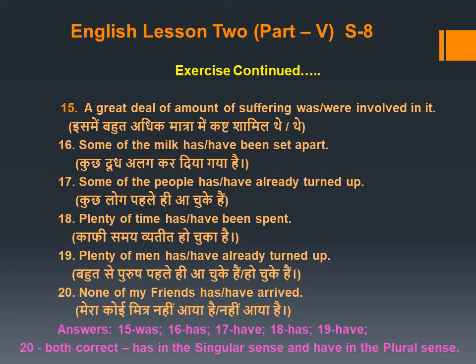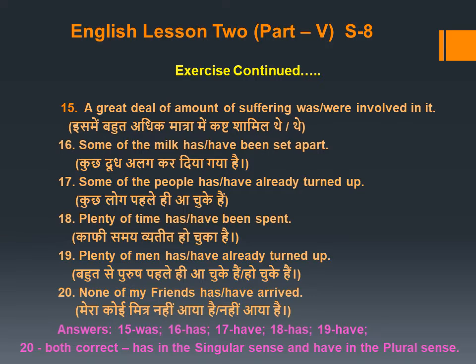So friends, in slide 8, our exercise part continues here also. Here sentences 15 to 20 are given and you have to choose the correct verb according to rule 21 or 22 applicable, depending upon the phrases and the meaning, for each and every sentence. The proper verbs to be chosen for all these sentences 15 to 20 are given in the answers.